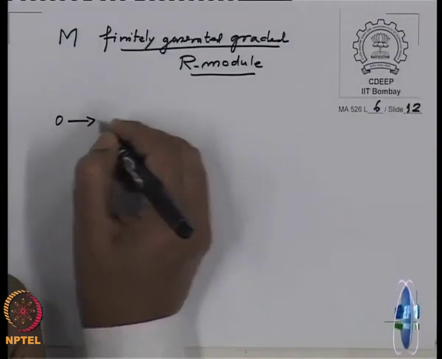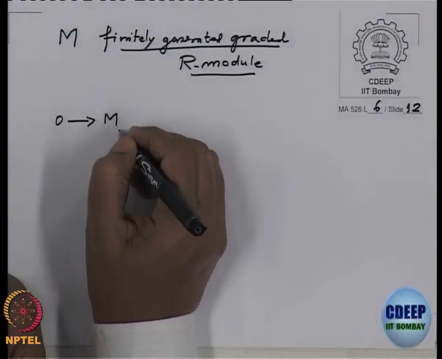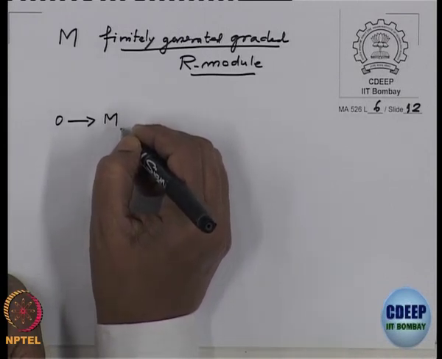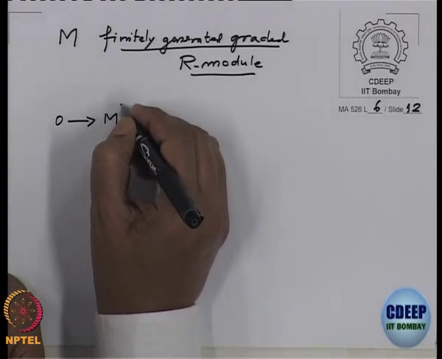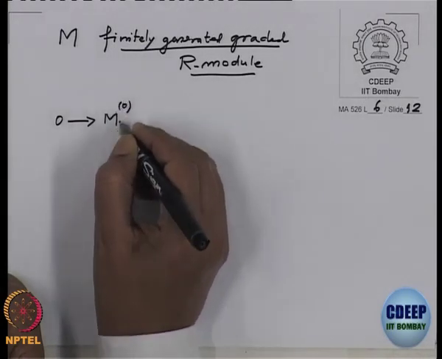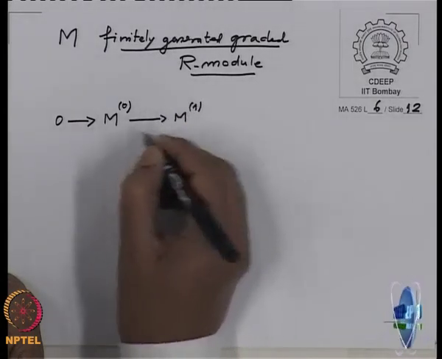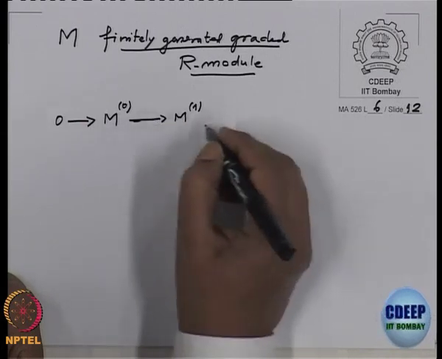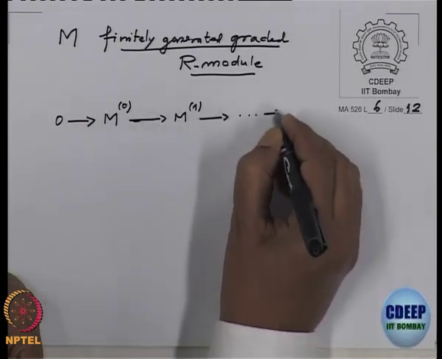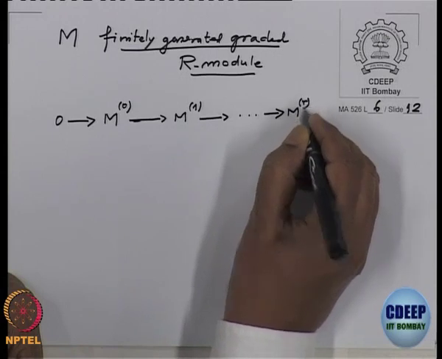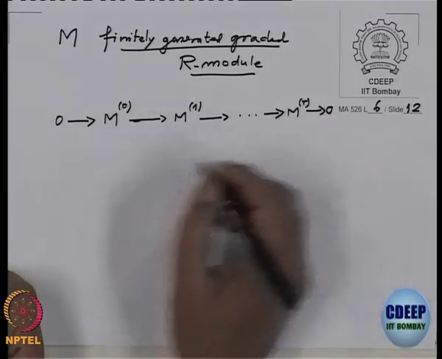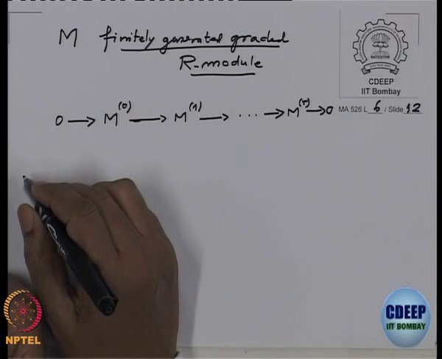So now if I have a sequence like this, starting with 0, I cannot put a suffix here because I want the modules to be numbered, so I will write it here. So this is a graded module, another graded module, and this is a graded homomorphism, and so on. And do you know when you say a sequence is exact?